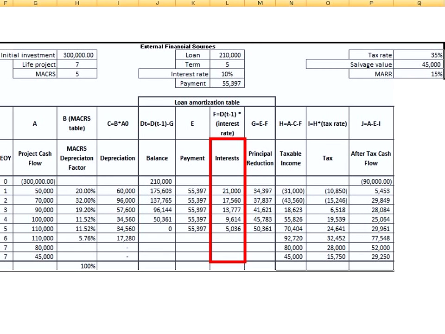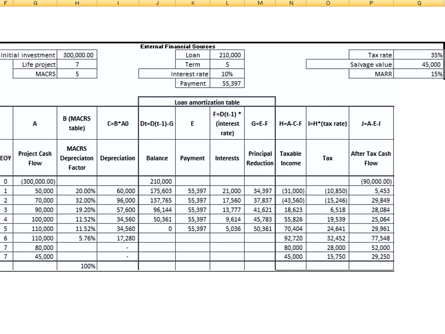So say, for instance, for year 1, $50,000 is reduced by $60,000 in depreciation and $21,000 in interest, and that makes the taxable income negative $31,000.